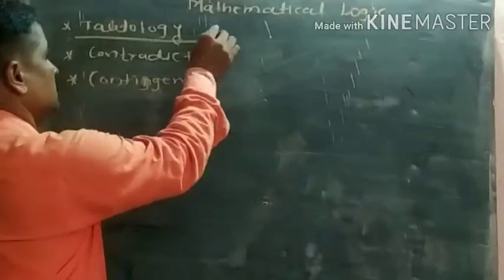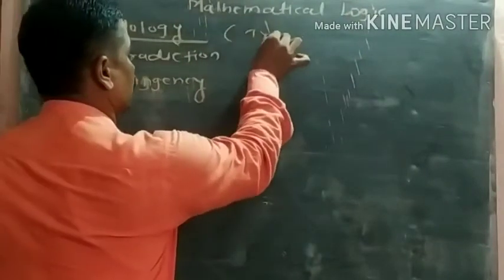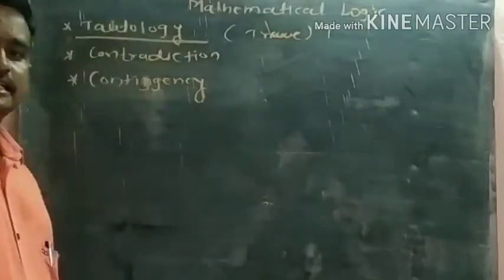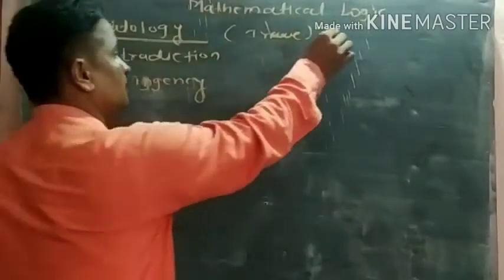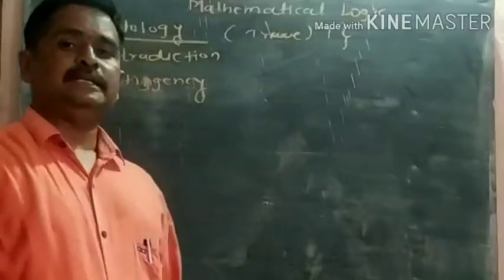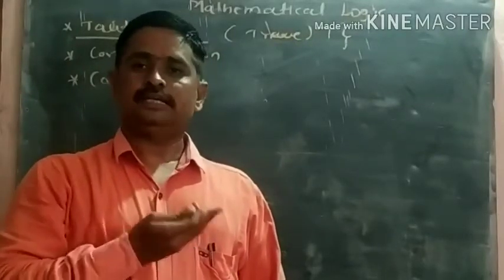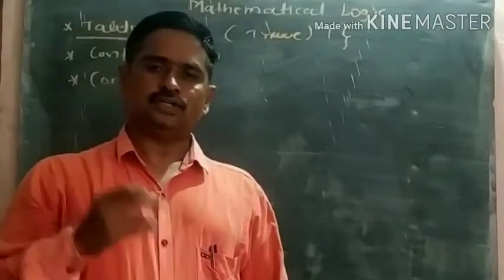So all the entries in the respective column are T, then we conclude that the statement pattern is a tautology.